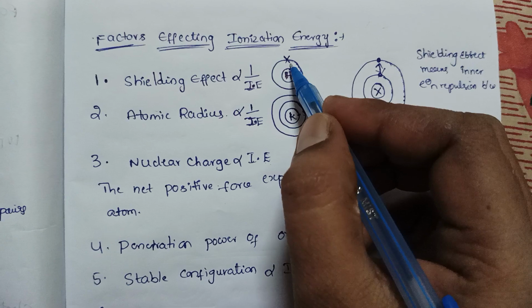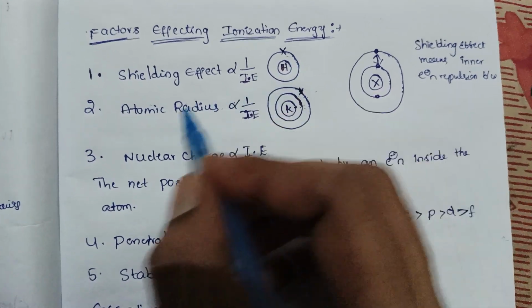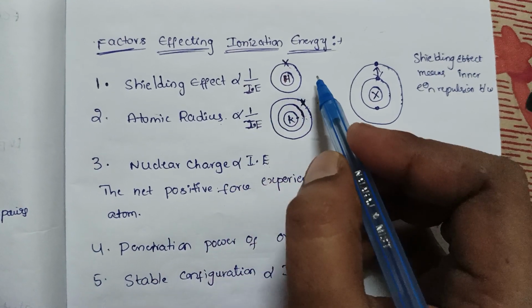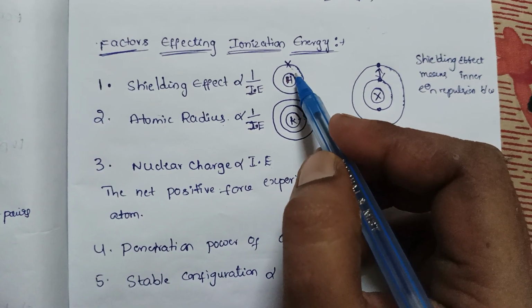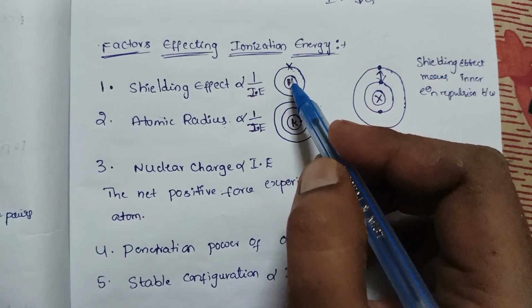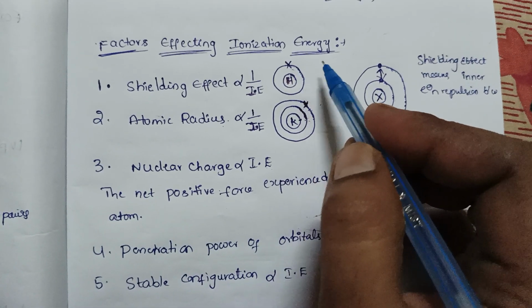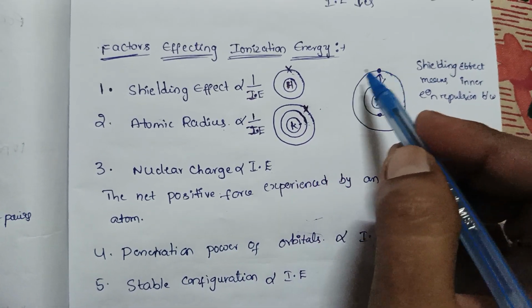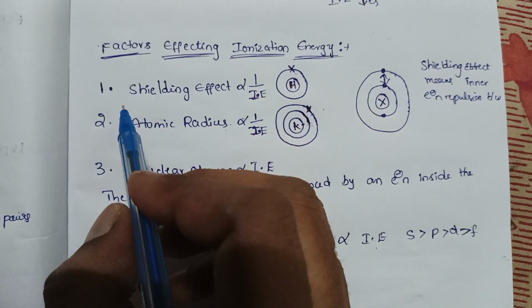Whenever attraction is more, higher energy is required to remove an electron. So atomic radius is inversely proportional to ionization energy. Smaller the size, higher the amount of energy required, because electrons are closer to the nucleus. So across the period, ionization energy increases.